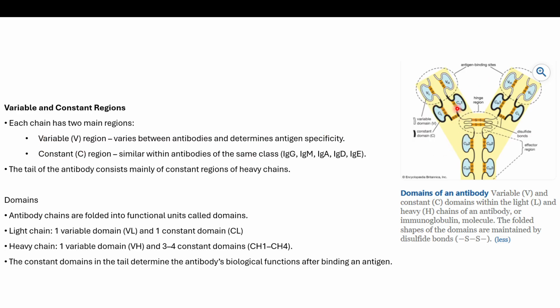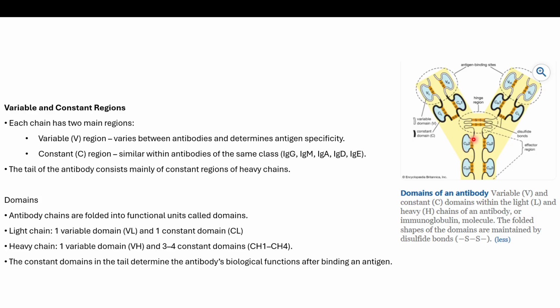The variable region varies between antibodies and determines antigen specificity. Whereas the constant region, this constant region of the light chain and heavy chain here, is similar within antibodies of the same class.